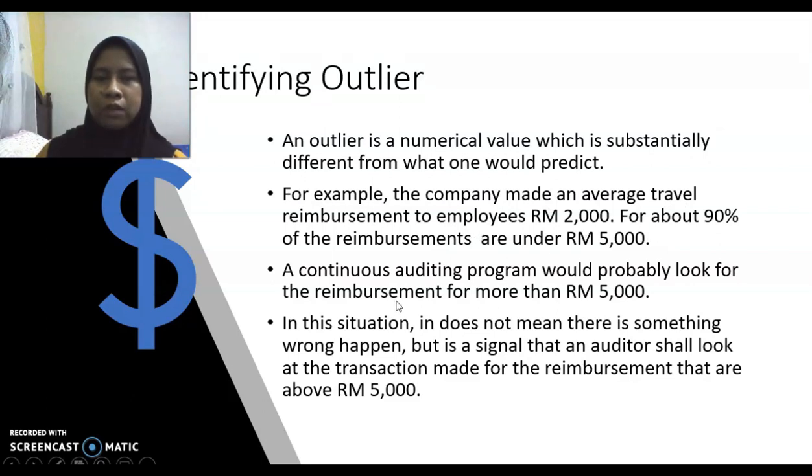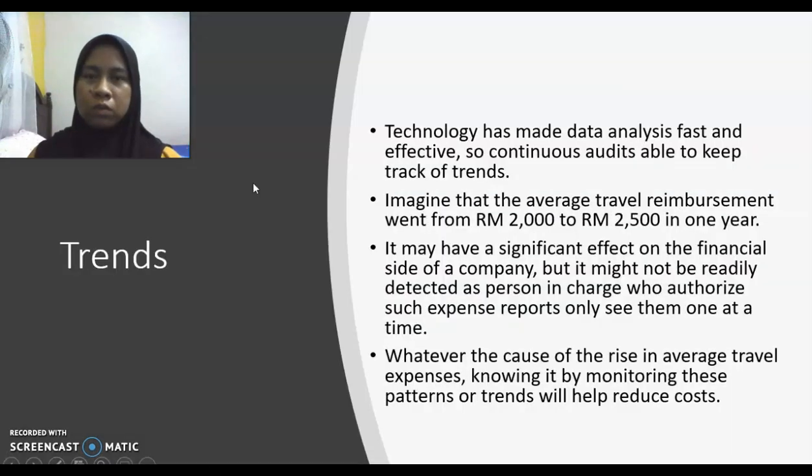You can read. In this situation, it does not mean something wrong has happened, but it is a signal that an auditor should look at the reimbursement transactions that are above 5,000 ringgit. So that is what an outlier does.